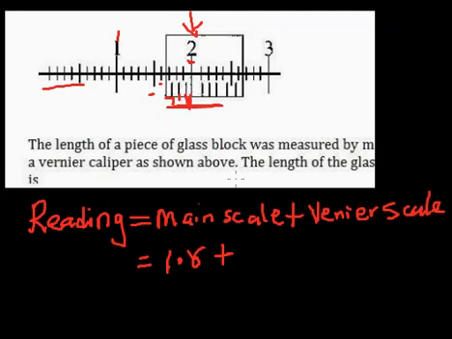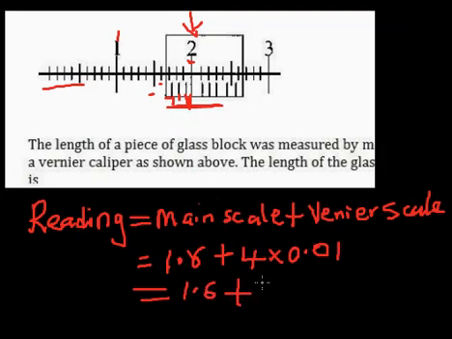Since there are 4 of them, I have 4 times 0.01, which gives 0.04. When you combine this with 1.6, it gives 1.64. So this reading is 1.64 millimeters.